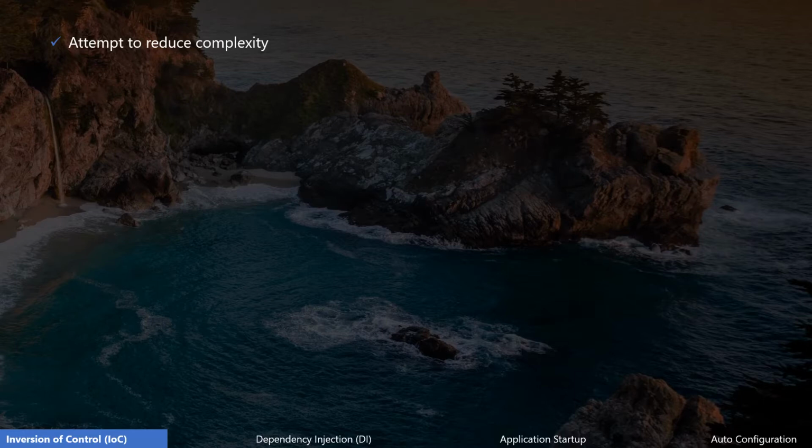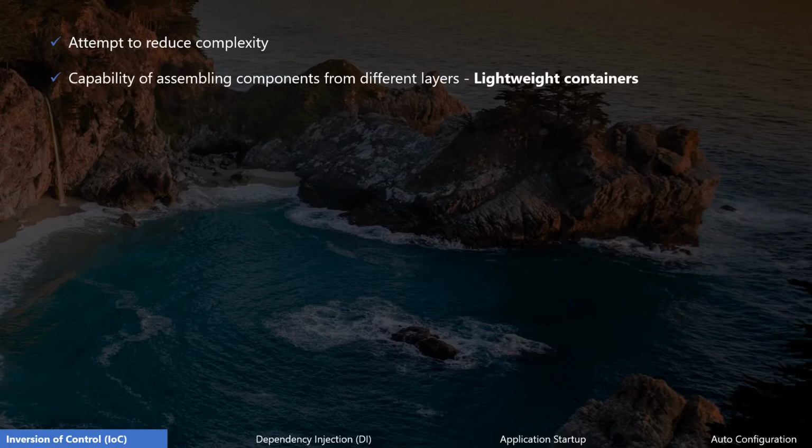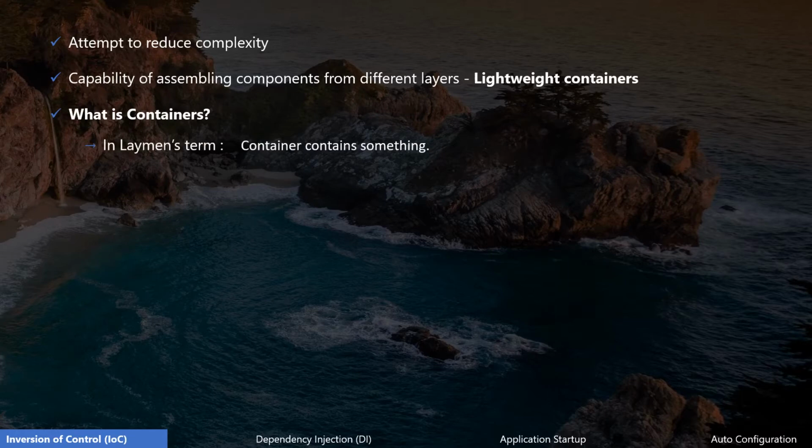Providing this general capability of assembling components from different layers, we often refer to as lightweight containers. So our next question is, what is a container? In layman's terms, a container is a place where we can put something in it, right?